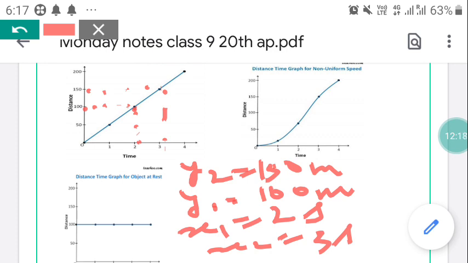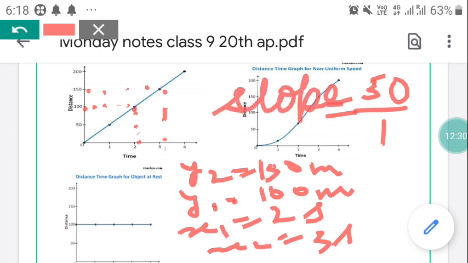If you subtract y2 minus y1, it comes to 50, and x2 minus x1 will become 1. And slope, as I have told you, is y2 minus y1 upon x2 minus x1. So this is a case of slope when the motion is uniform.